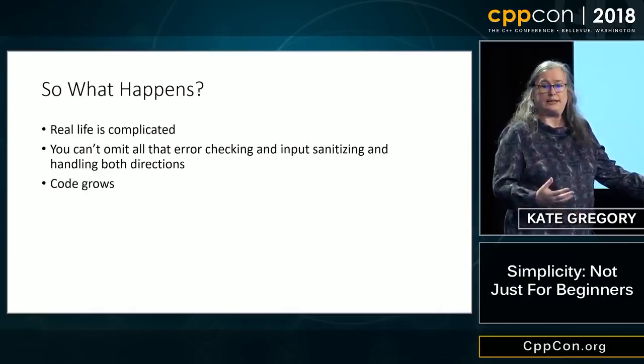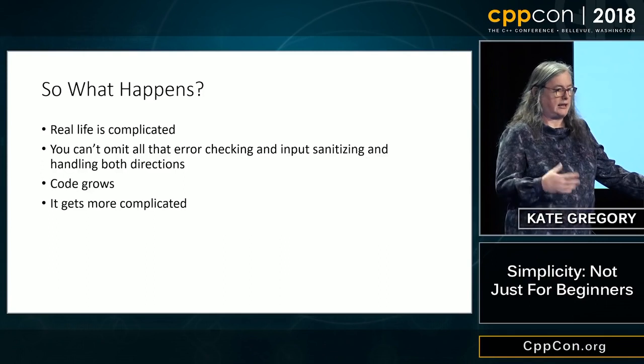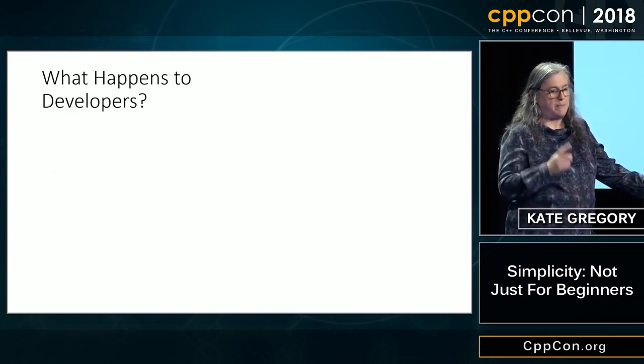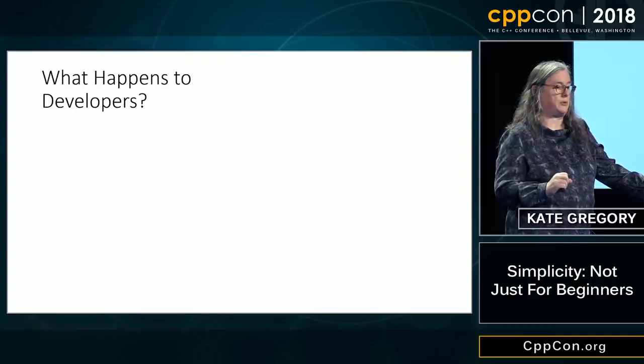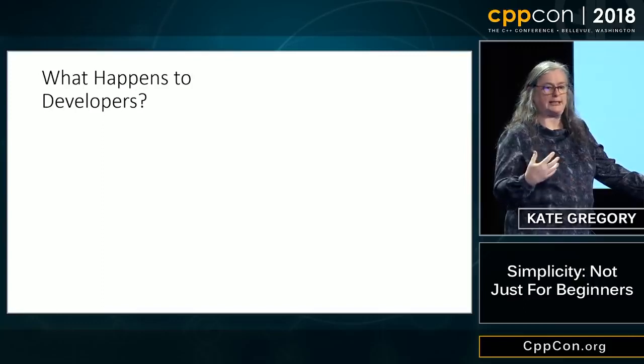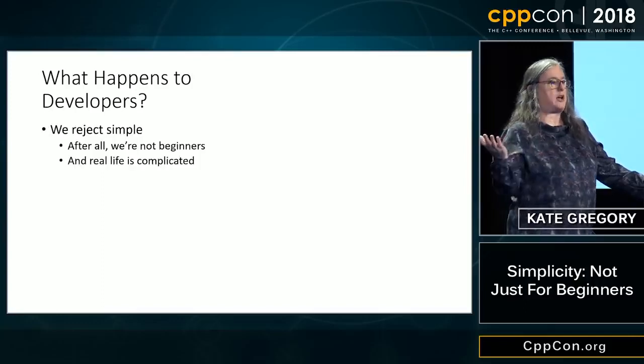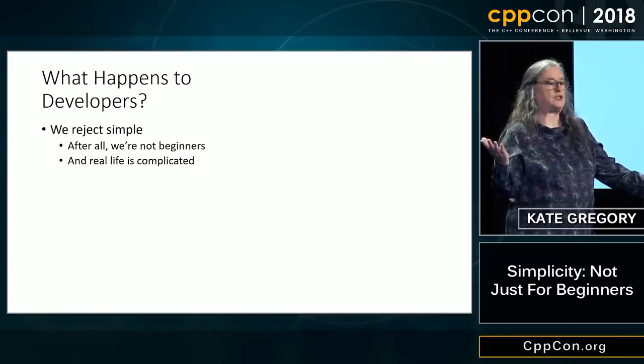So, of course, the code gets bigger. It gets more complicated. It has to be more complicated. But unfortunately, some developers, maybe even almost all developers, they start to internalize something. We're not beginners, so we don't want simple. Real life is complicated.